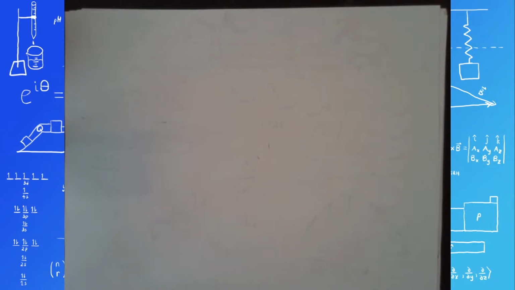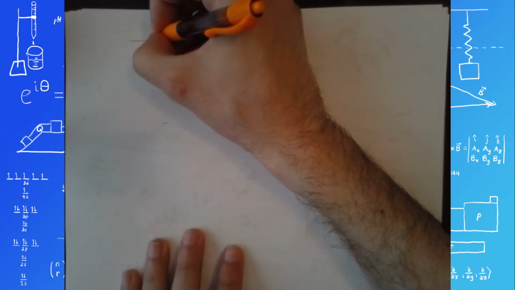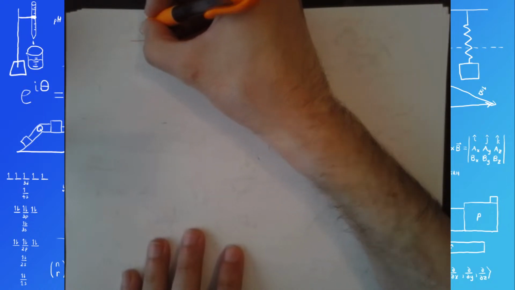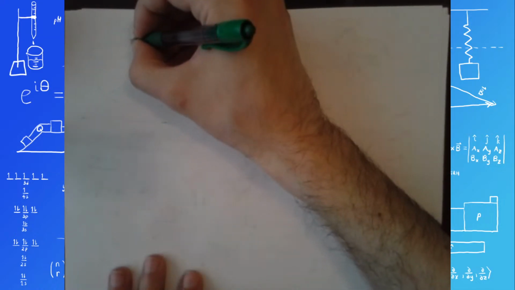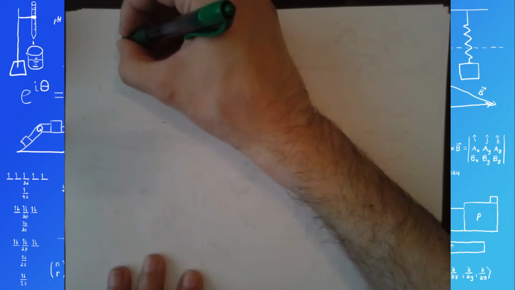So let's draw another scenario. Let's say I have an initial velocity like this, and let's say I have an acceleration like this, completely perpendicular to it.